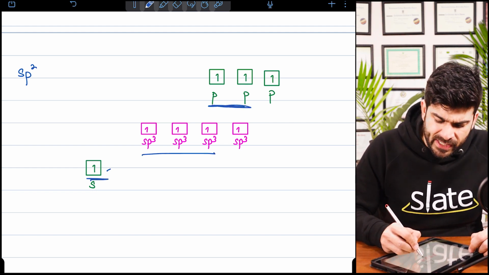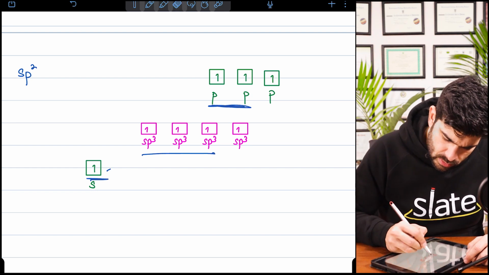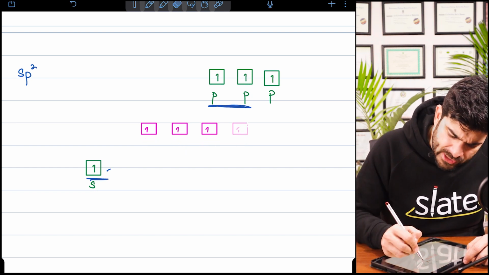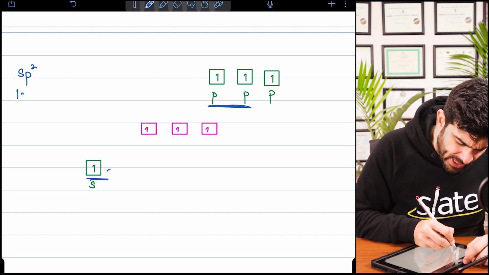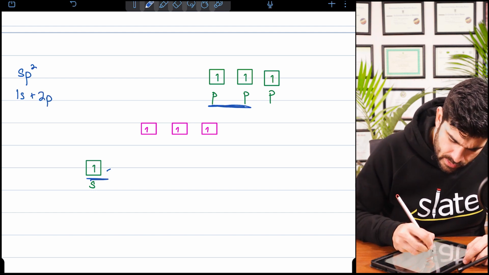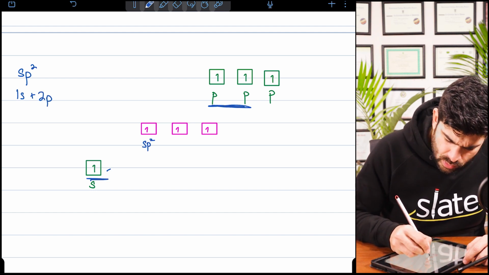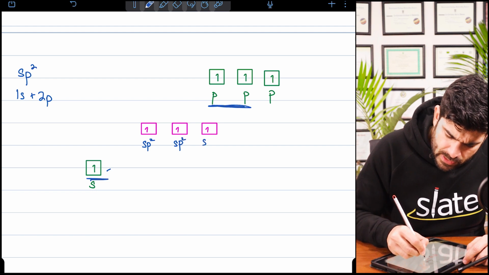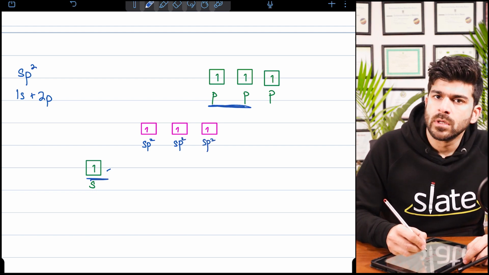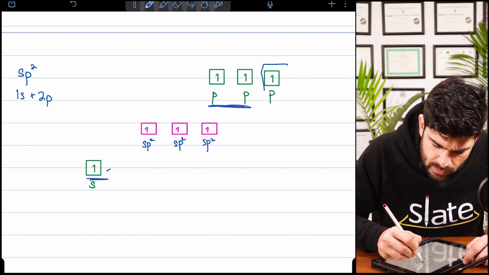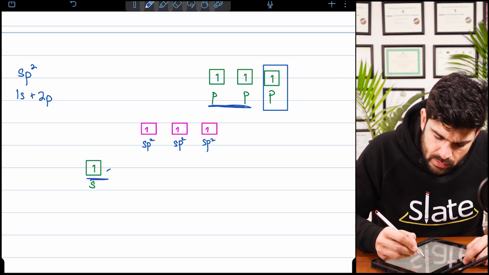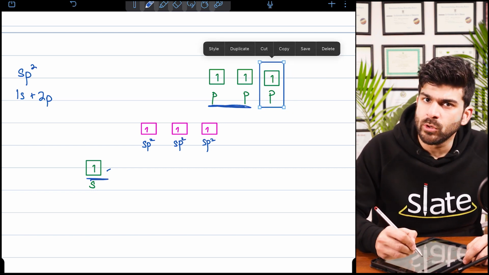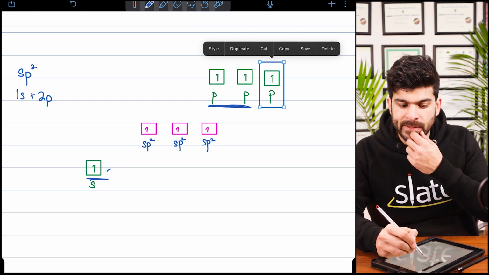And ultimately we get three hybridized orbitals, 1s plus 2p. So these will be sp2, sp2, sp2. What about the third p? Third p was not involved in hybridization.